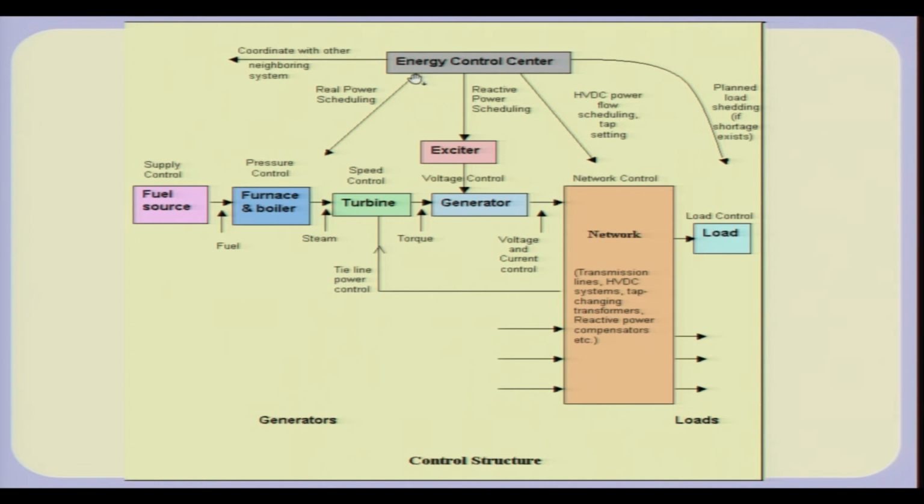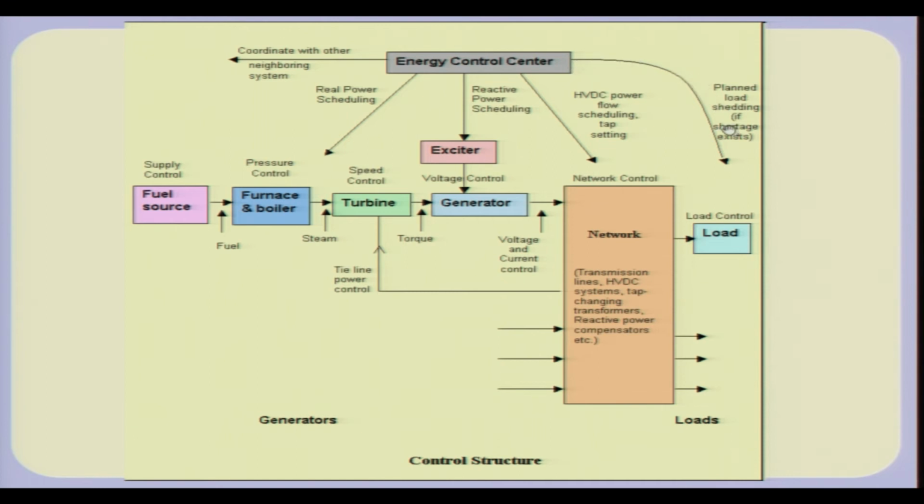It prepares the real power schedule, that is, it tells how much each generator has to generate. Then you can control the reactive power or voltage, that is called reactive power scheduling. You could also control the controllable devices in a network like HVDC and tap settings of the transformers. This is a part of the network control.